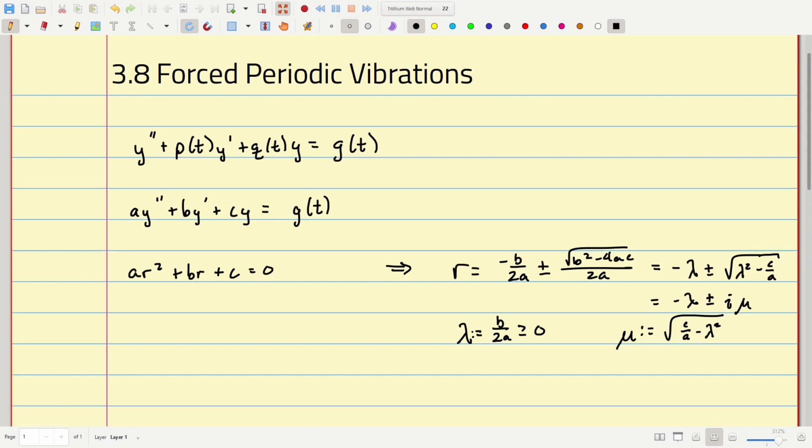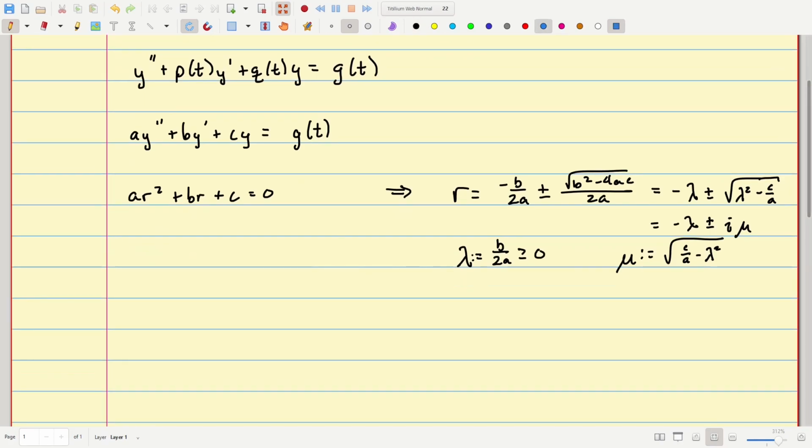Okay. This mu ends up with a special name. This is called the frequency response. Okay. We're setting all of this up because we want to be able to talk about what happens to systems where we have motion other than purely oscillatory motion.